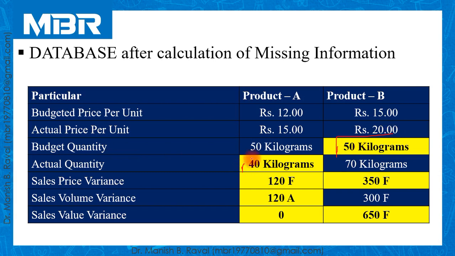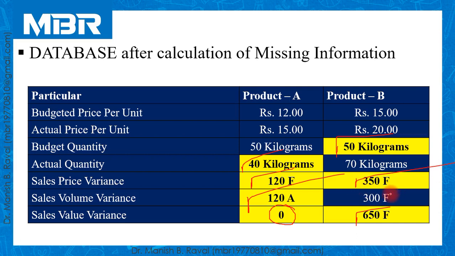Actual quantity 40 kilograms, it was also missing. In case of product A, sales price variance 120 favorable, volume variance 120 adverse, and net difference, that is sales value, is 0. In case of product B, our sales value variance is 650 favorable and price variance is 350 favorable.